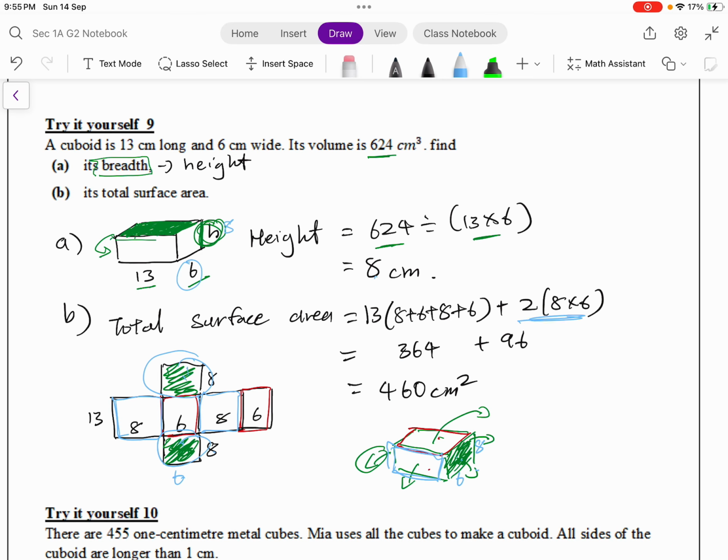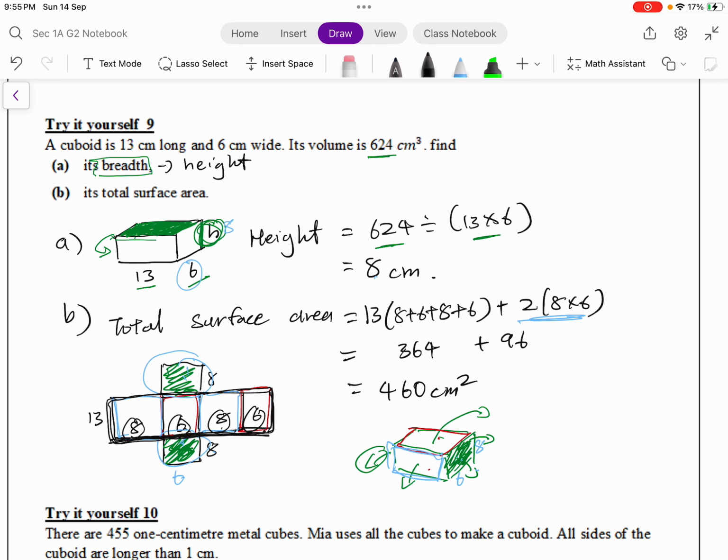Now, if you look at the center, can you see one very long rectangle? The area of this rectangle is this length plus this length plus this length plus this length, multiplied by 13. This whole length here can be found by taking 8 plus 6 plus 8 plus 6.